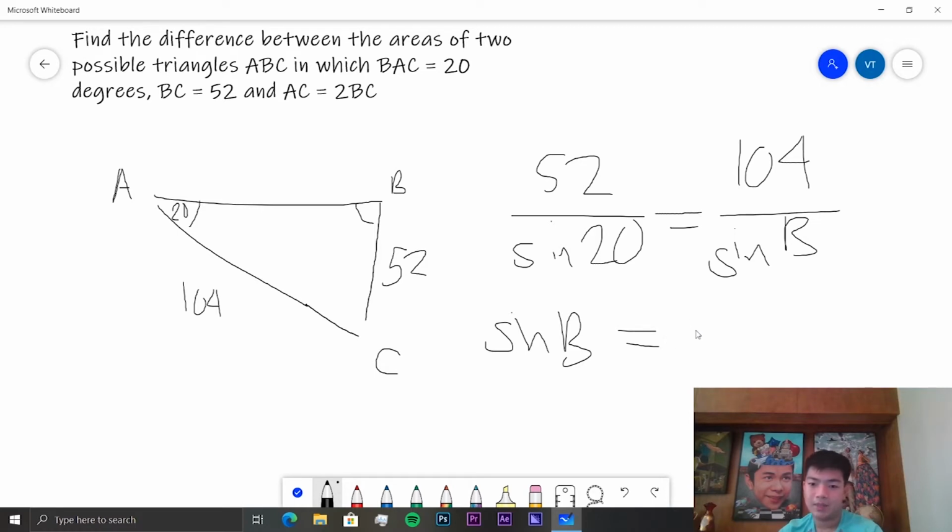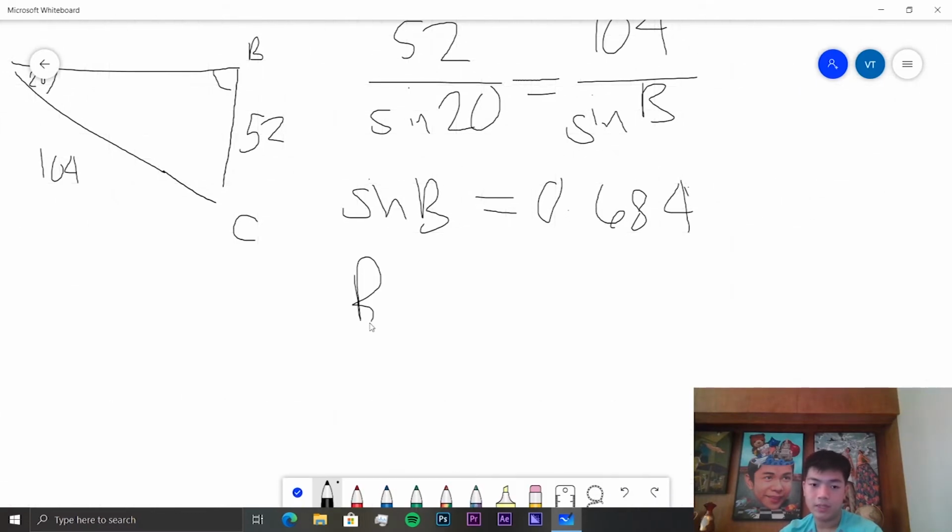So I get sine B is equal to 0.684. And so there are actually two cases for what B could be. Of course, if we take the arc sine of this, it'd simply be 43.2, but it could also be 180 minus this, since they have the same sine value, which would be 136.8.